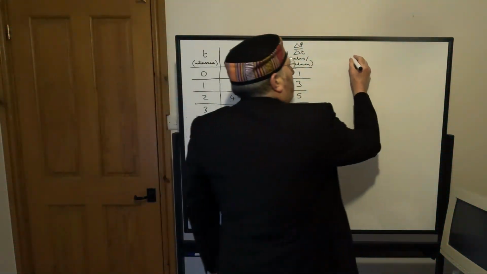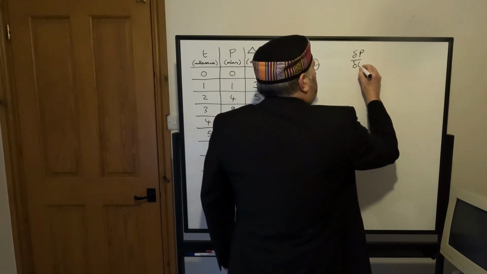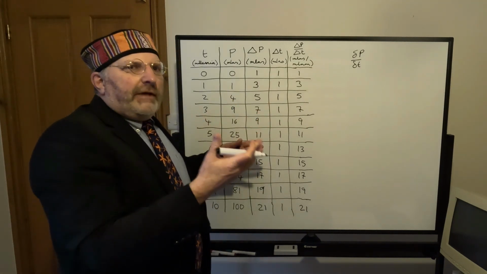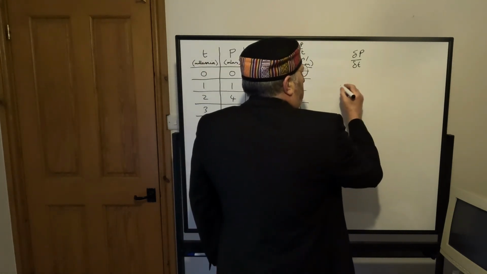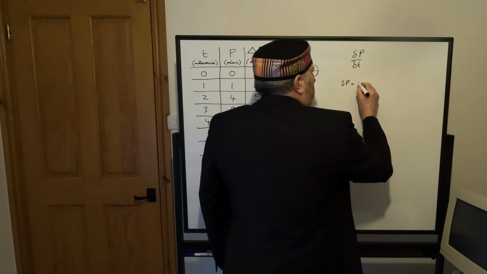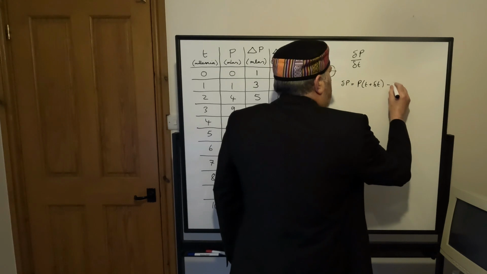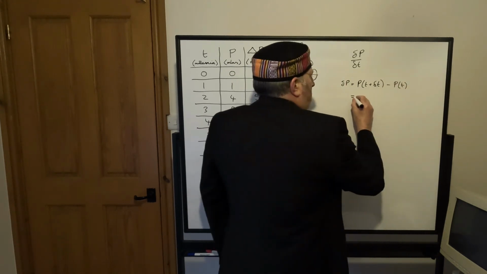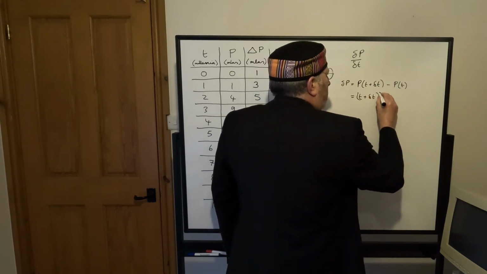So we're going to calculate delta p by delta t without saying what delta t is in advance. Taking delta p, it's p of t plus delta t minus p of t. So we know how to do all this now.